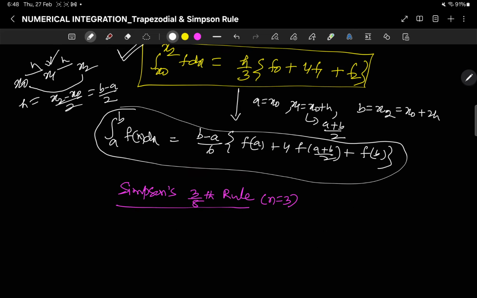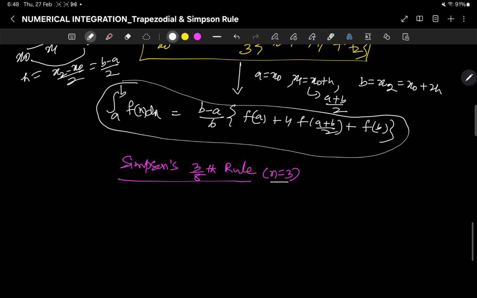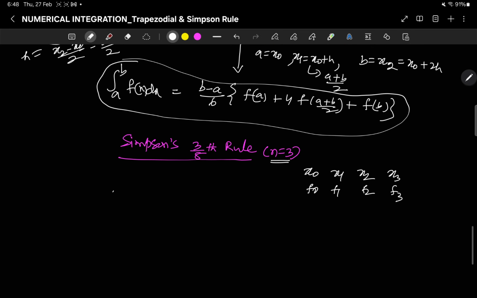So this is the formula in terms of a and b, but we should prefer the earlier one. Now for Simpson's 3/8 rule, we have n is equal to 3, means we have x0, x1, x2, x3, and f0, f1, f2, f3. Accordingly, we will split it. So integral a to b f dx is x0 to x3 f dx, the summation of lambda i f(i) for i equal to 0 to 3.